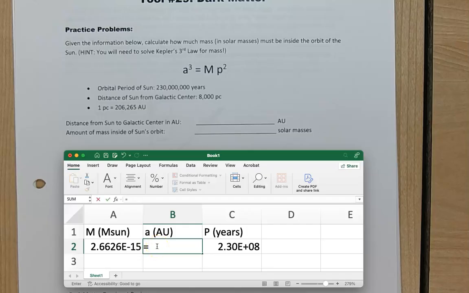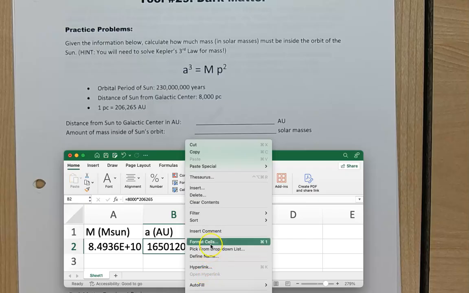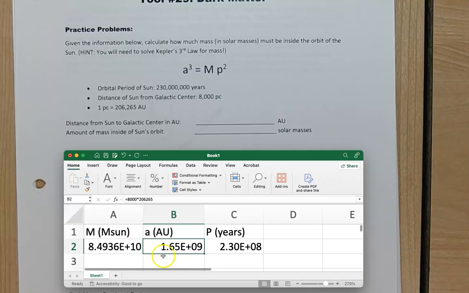What is the orbital distance? It's going to be 8,000 parsecs times the number of AU in 1 parsec, 206,265. Let's change that into scientific notation to make it easier to read. Okay, so our sun is 1.6 times 10 to the 9 AU from the center of the galaxy. So we're 1.6 billion AU from the center of the galaxy.